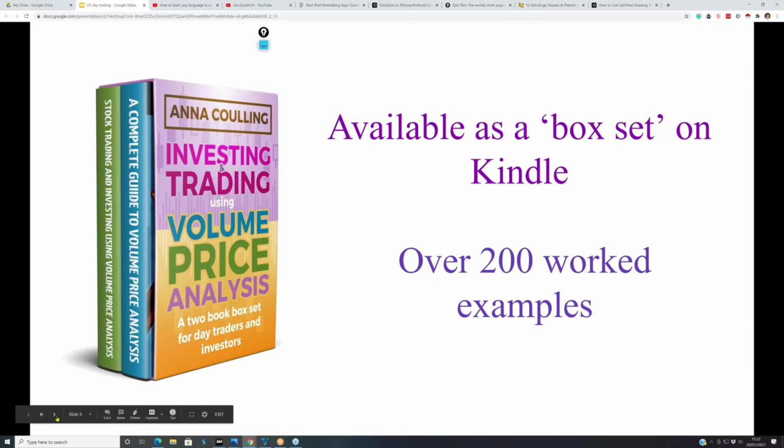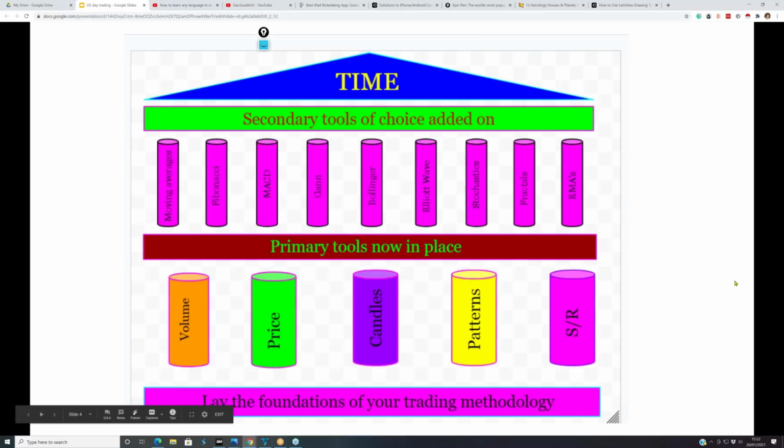And as I will always say, volume price analysis is price action and volume, but it has other elements in it. We use candles as opposed to price bars, but that's up to you whether you want to stick with bars, because candles have a lot of patterns.